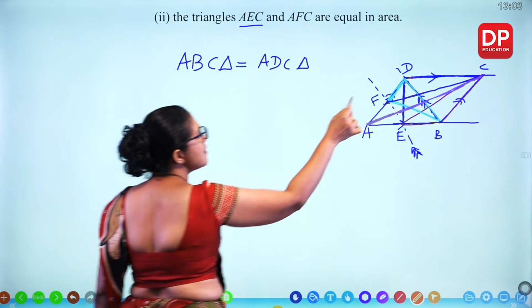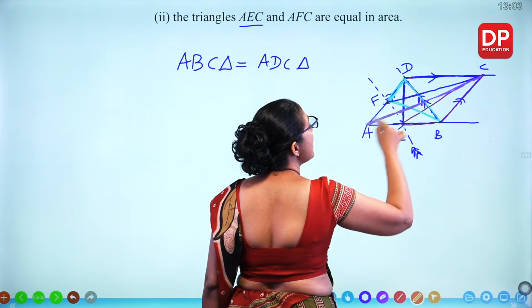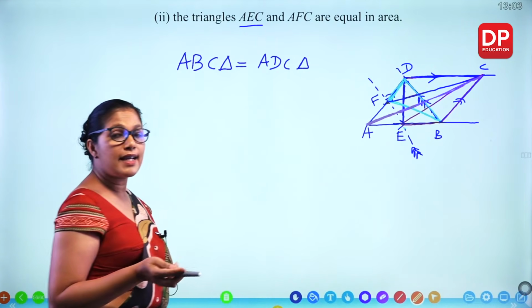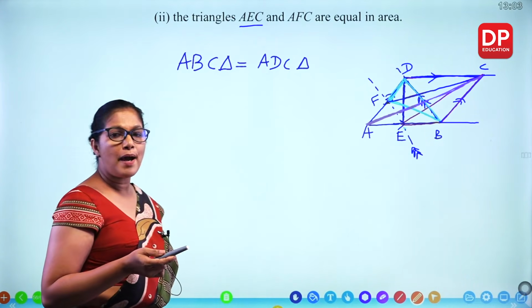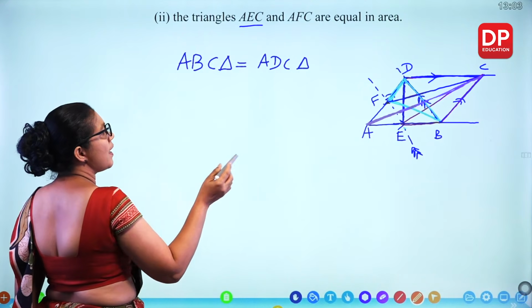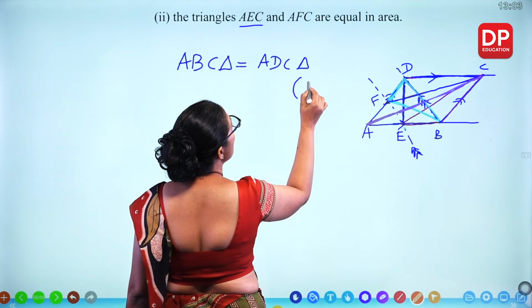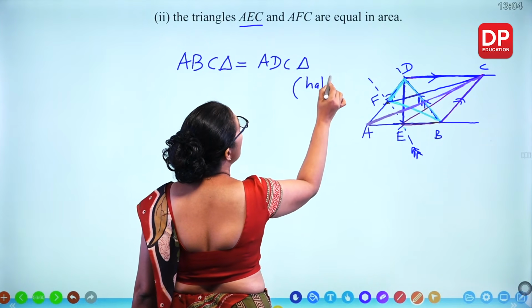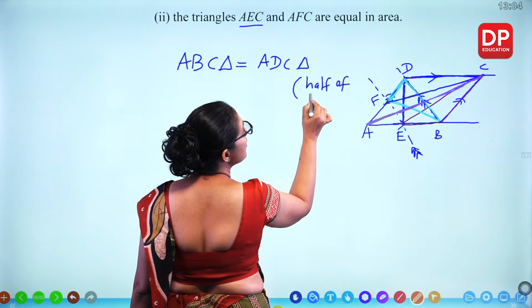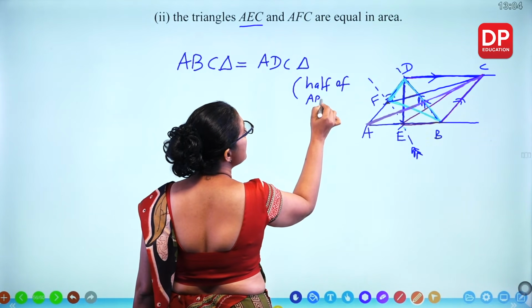Why? This is a parallelogram and AC is the diagonal. So the diagonal bisects the parallelogram equally. So these two are equal because each is half of parallelogram ABCD.